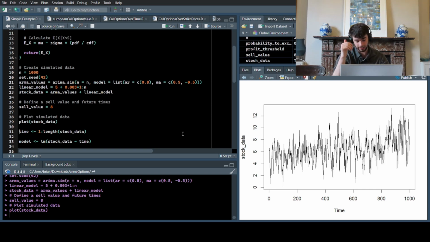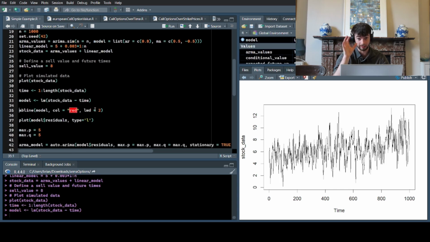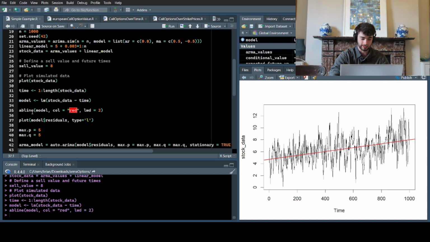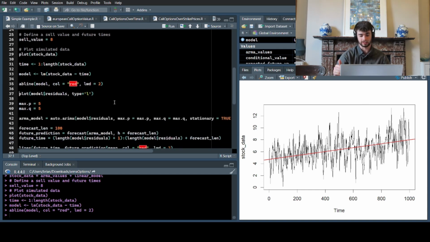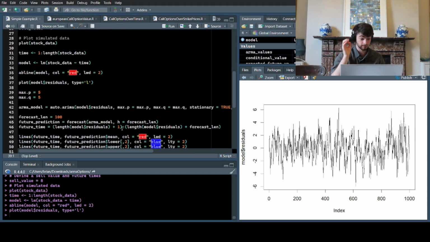Then what we do is we say, okay, we know that this contains a linear component and a time series component. So the first thing we do is we fit our linear regression, and then we take the residuals from this linear regression and say, okay, these definitely follow an ARMA model.